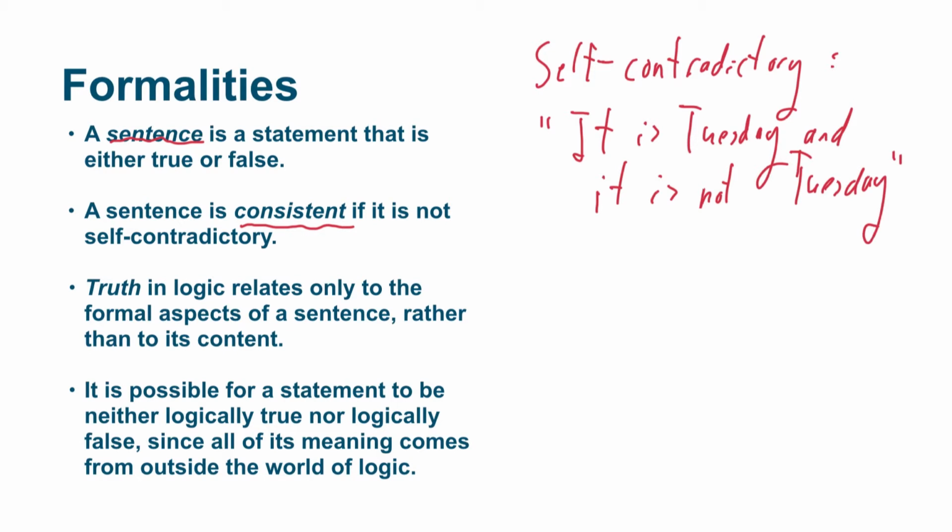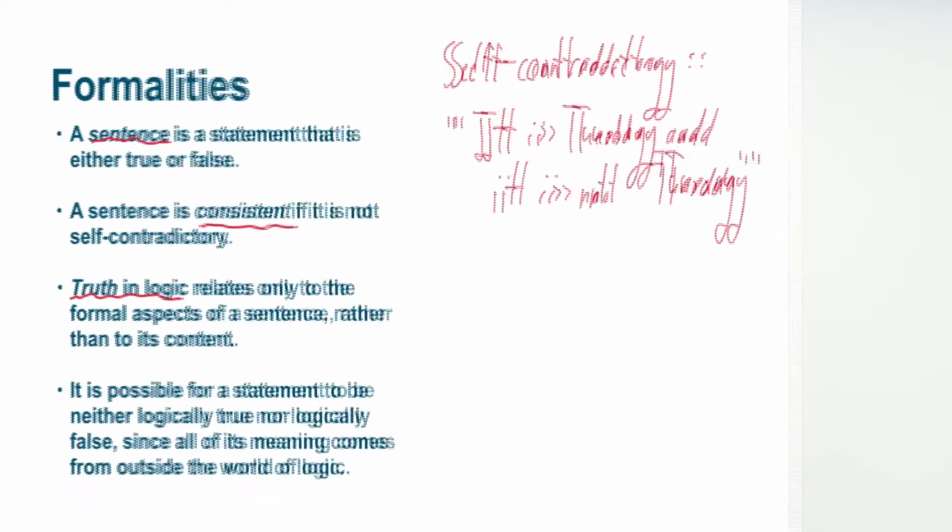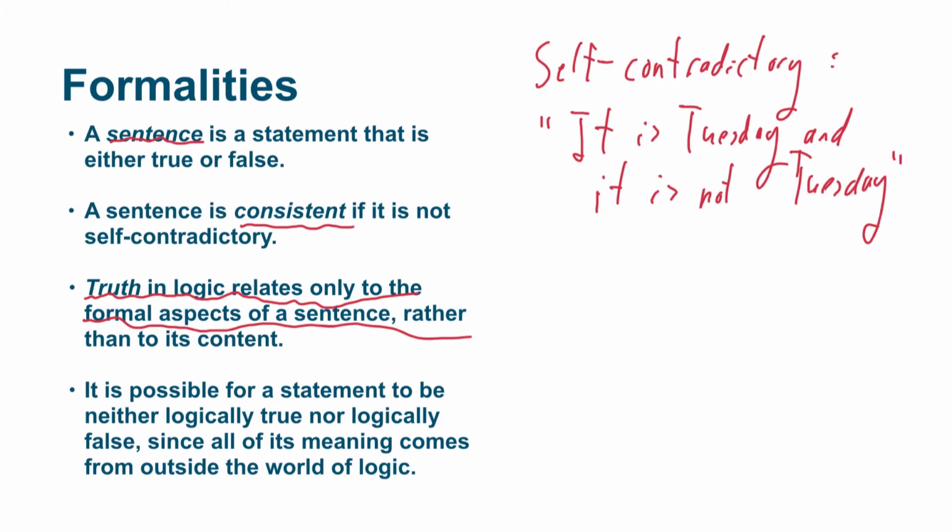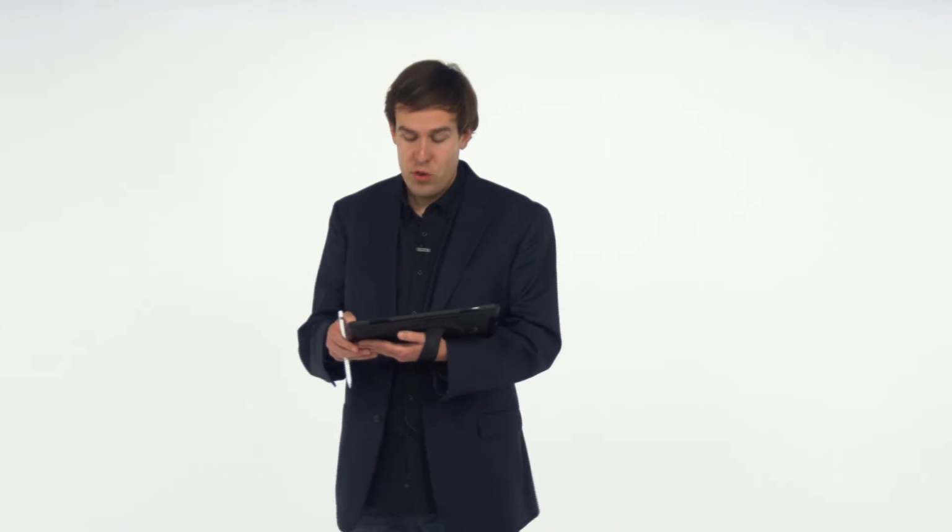So a very fundamental breakdown in what we understand truth to be in logic. One must keep in mind that when discussing truth, it doesn't necessarily relate to its content, only to basic logical principles. Going back to this sentence, it is not true because it is self-contradictory, not because of anything to do with the day of Tuesday.